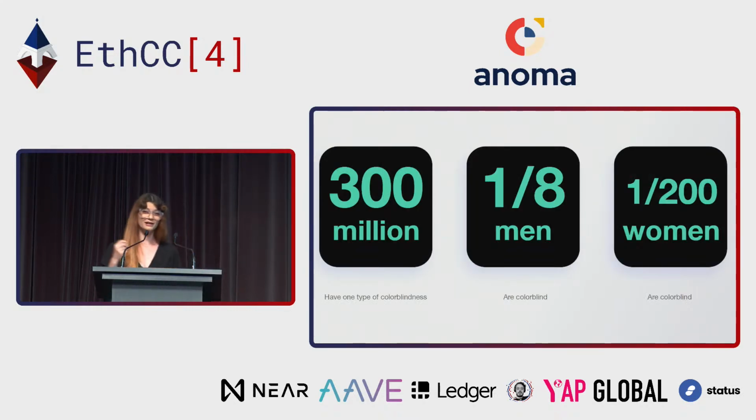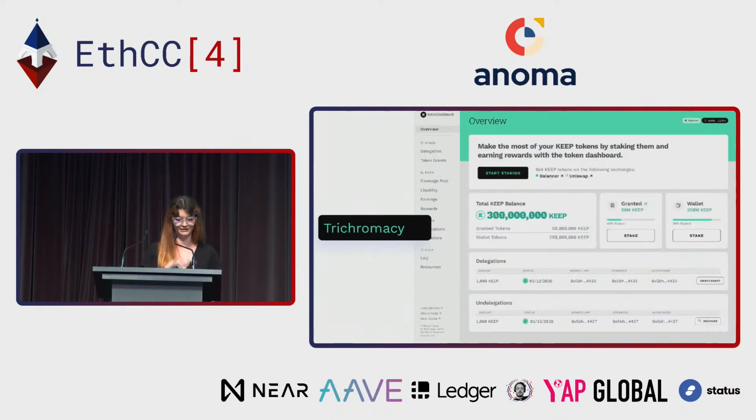So there are 300 million people suffering from color blindness. Just to make it less abstract, this is the entire population of the United States of America. And the incidence in men is 1 out of 8, and the incidence in women is 1 out of 200.